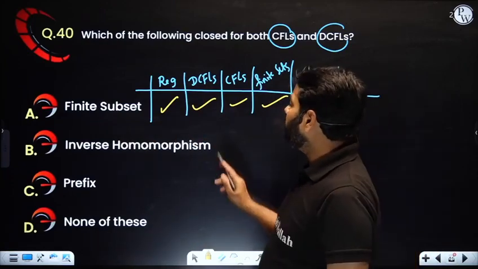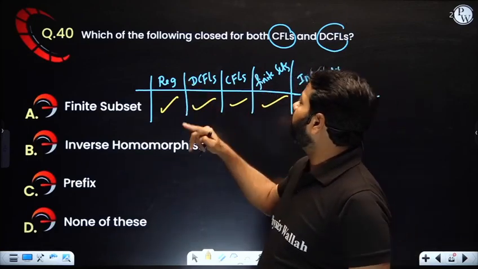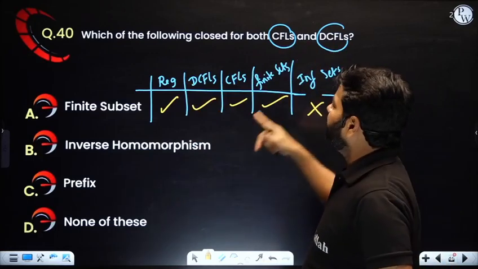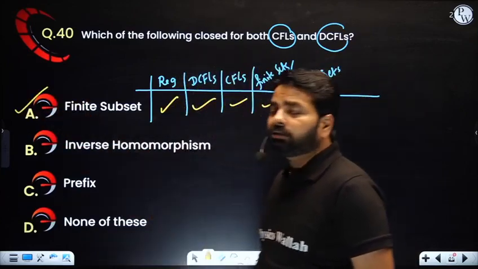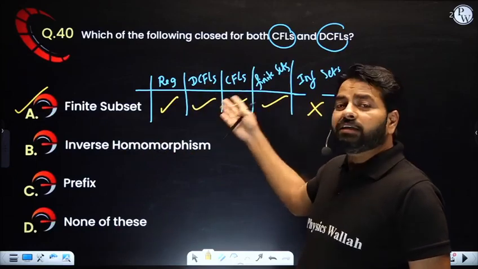Inverse homomorphism is closed for all the domains, so make the table for everyone. Now we are talking about CFLs and DCFLs. Can I choose option A? For CFLs and DCFLs, finite subset is closed. What about inverse homomorphism? It is closed for regulars, DCFLs, CFLs.